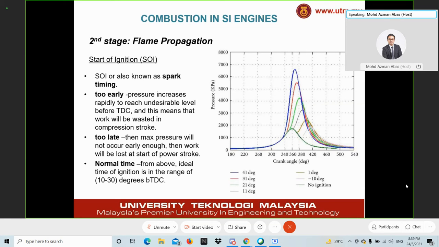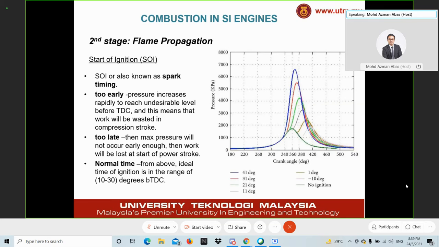If it's too late, then you're shifting your maximum pressure way later than 10 degrees. Therefore, in order to control your peak pressure exactly between 5 to 10 degrees, the means of doing that is by controlling your start of ignition, SOI. The ideal time of ignition is usually in the range of 10 to 30 degrees before TDC.